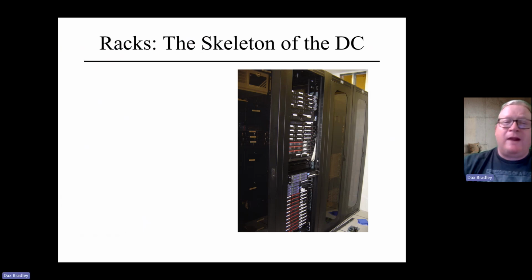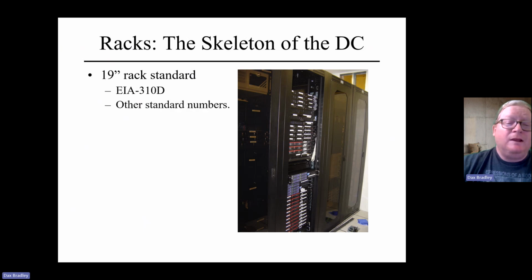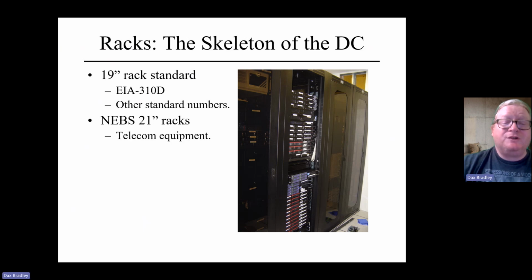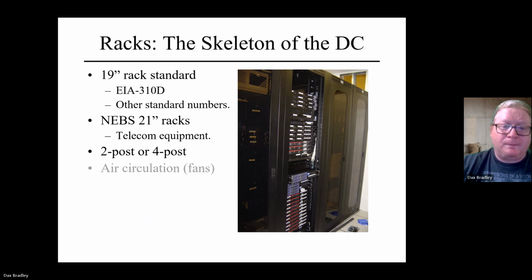And we describe racks here as basically the skeleton of the data center. There is the 19-inch rack standard, and an example is the EIA 310, and there are other standard numbers. The NEBS 21-inch racks are used to house telecom equipment, switches, routers, and there's 2-post or 4-post racks.